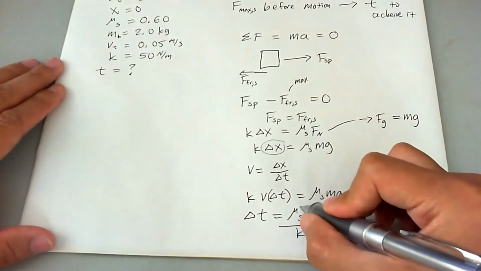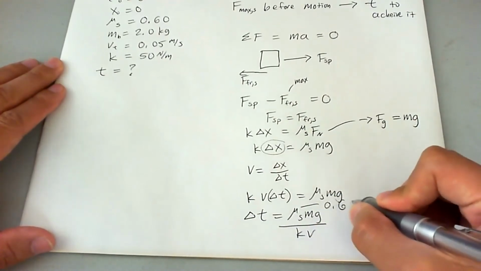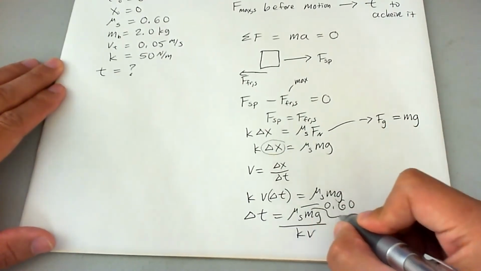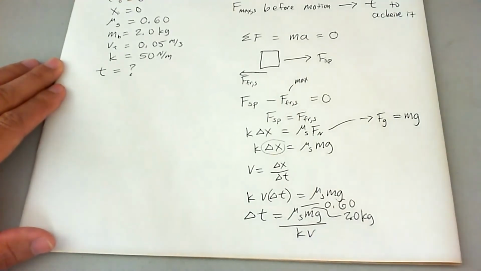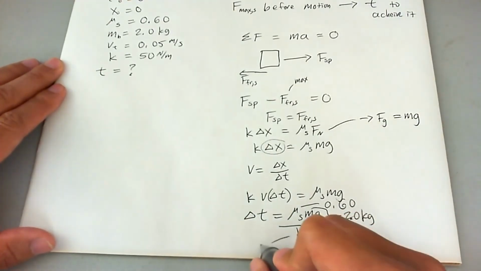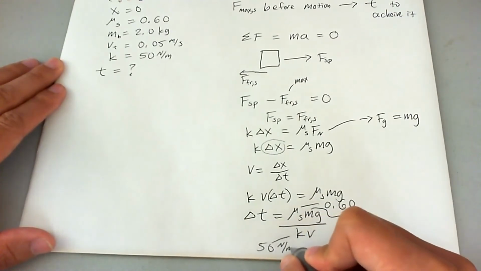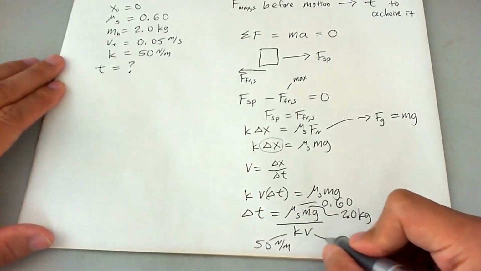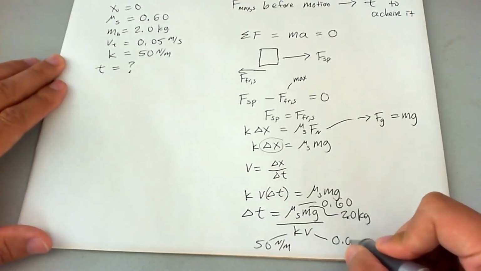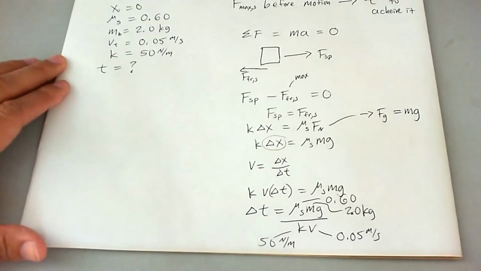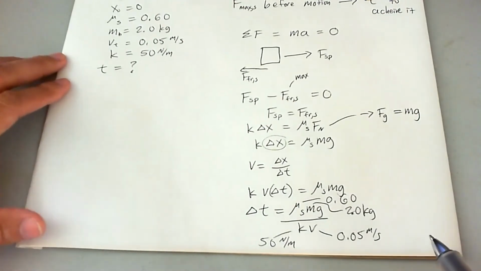We know that mu_s is 0.60. We know the mass of the block to be 2.0 kilograms. We know the spring constant to be 50 newtons per meter. And we know the velocity of the train to be 0.05 meters per second. This is great, so now we know everything.